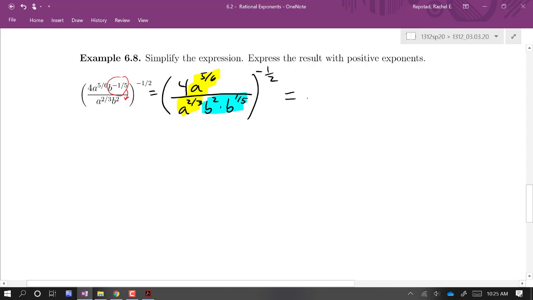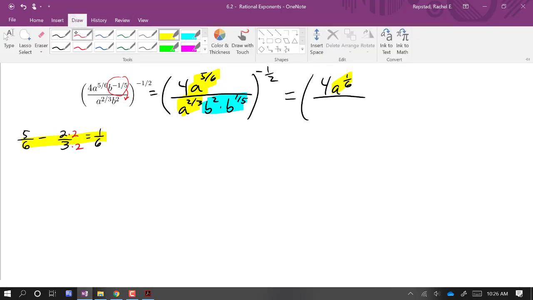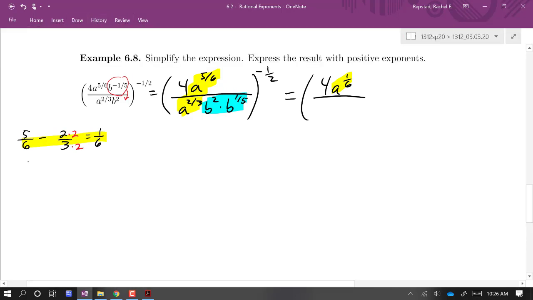So let's work with the a's, right? If I'm dividing, we're going to subtract those exponents. So 5/6 minus 2/3, we get a common denominator of 6. So we have 5 minus 4, or 1/6. So inside I have 4 a to the 1/6 power over, on the bottom we're multiplying those b's, so we're going to add the exponents.